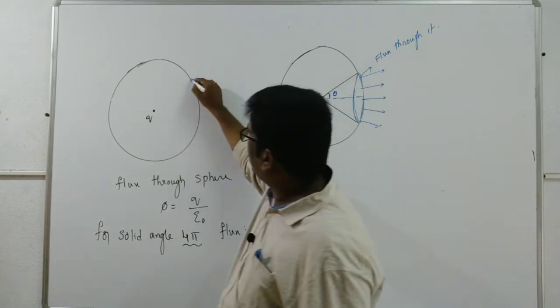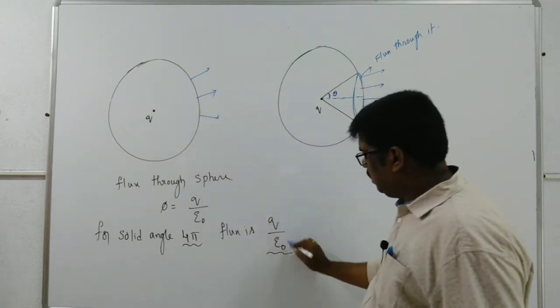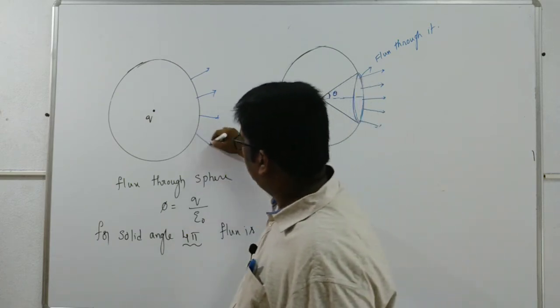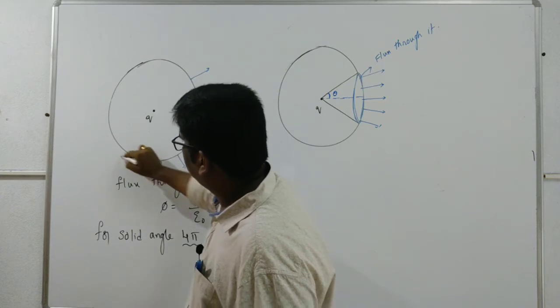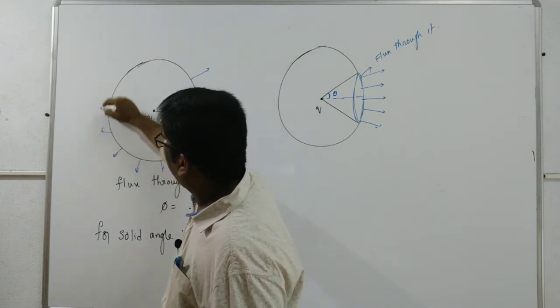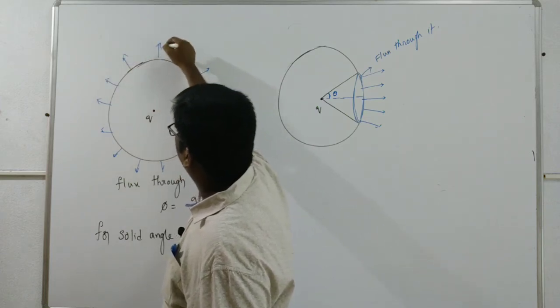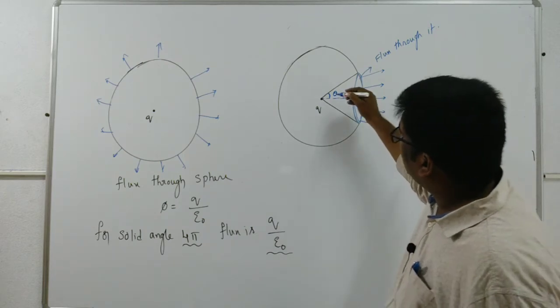For a total solid angle you wrote q by epsilon naught. Then I wanted the flux through this small part. This is the total flux, q by epsilon naught, because of the complete sphere. Complete sphere means whose solid angle is 4 pi. What about this solid angle?